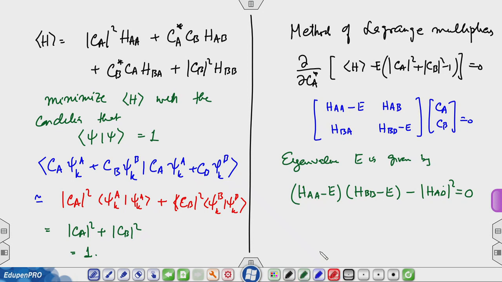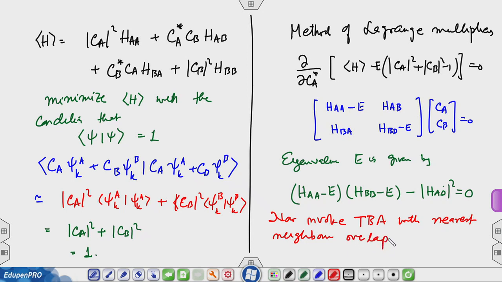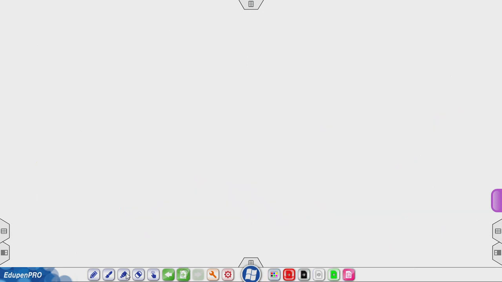So, now invoke the tight binding approximation with nearest neighbor overlap. That is what we are going to do now. Now, let me make the lattice again.